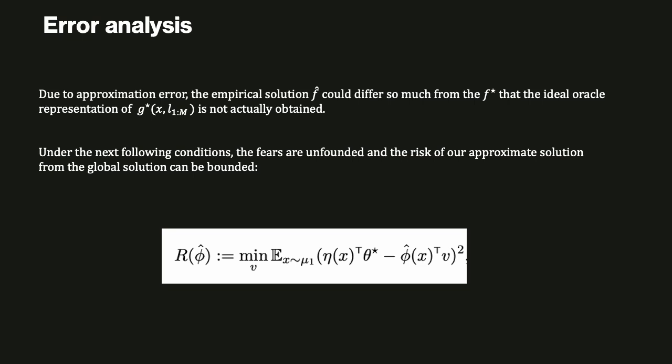So in this section, the authors show that following some conditions, the fears for this are actually unfounded, and the risk of the approximate solution from the global solution can actually be bounded. So as you can see in this formula here, this shows the actual risk of the approximated solution against the actual ground truth solution.